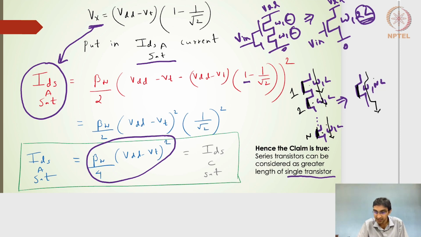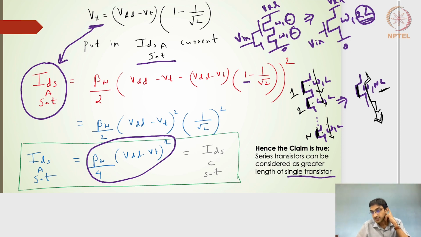Similarly, the equivalent one should have the same effect. So this current should also undergo a channel resistance N times that of the single transistor channel resistance. That's why if I make this N times the channel length, the channel resistance will be N times.